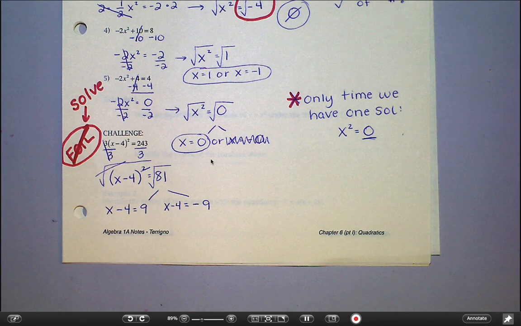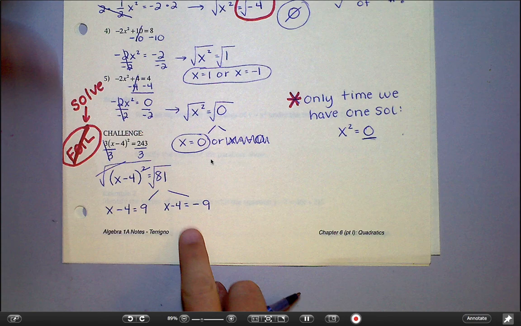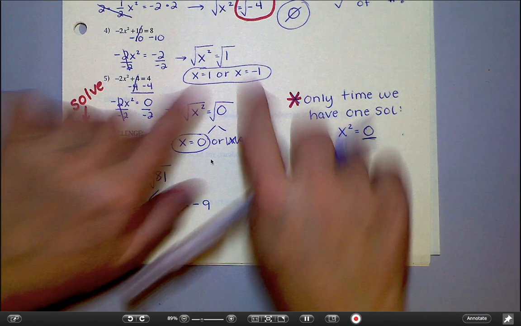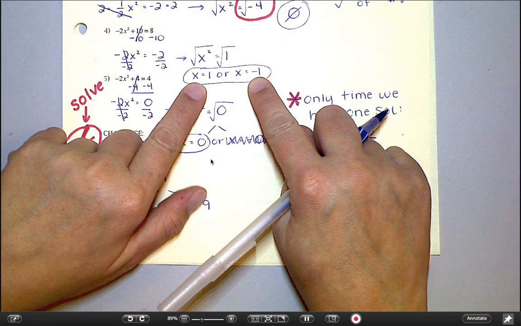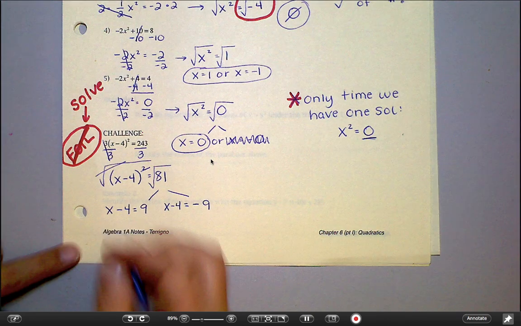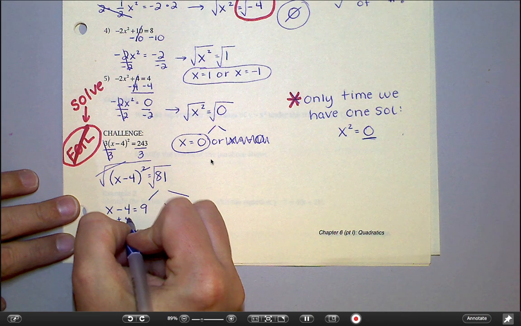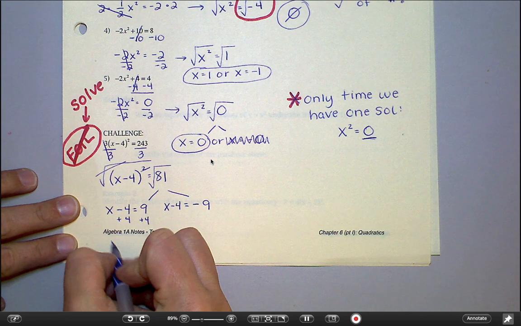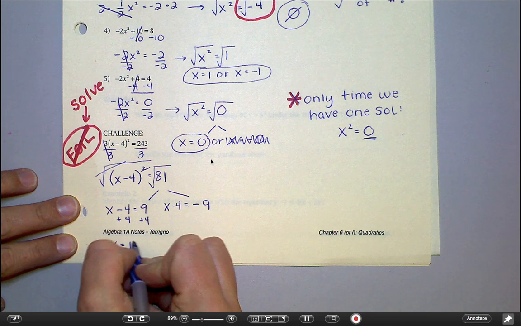Two separate problems. Now, in all these other ones, when I did that split, I was done. As soon as I did my split, I had my 2 different answers, and I was done with the problem. Here, I'm not done. I'm going to add 4 and add 4, and I end up with x equals 13.